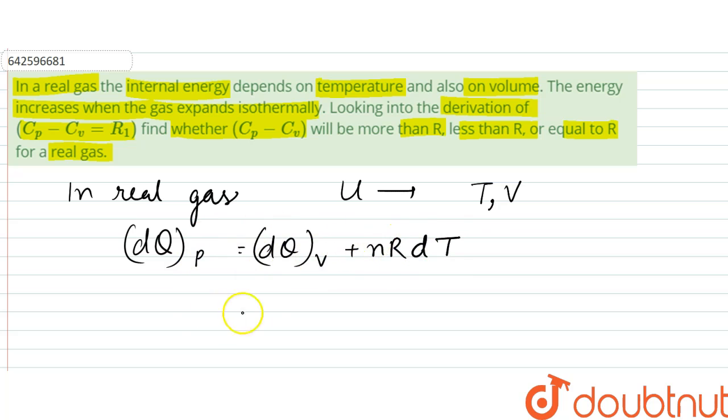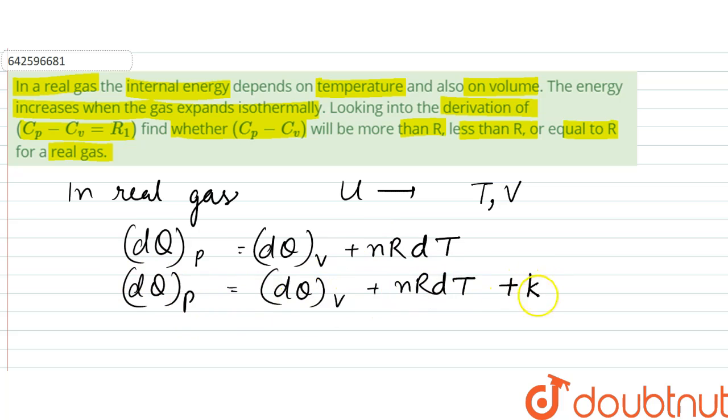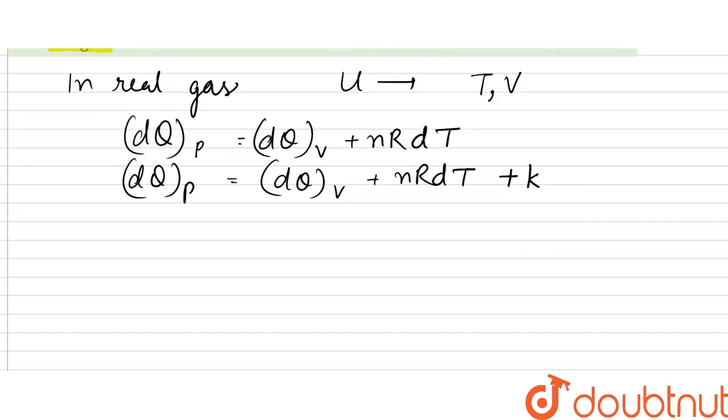This was the first law, but here dQ at constant pressure would be equal to dQ at constant volume plus nR dT plus K, where K is the change in internal energy, and the other variables have the usual meanings. That is, Q is heat, T is temperature, R is the gas constant, n is the number of moles.